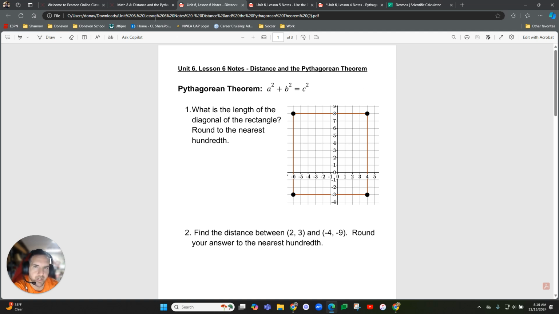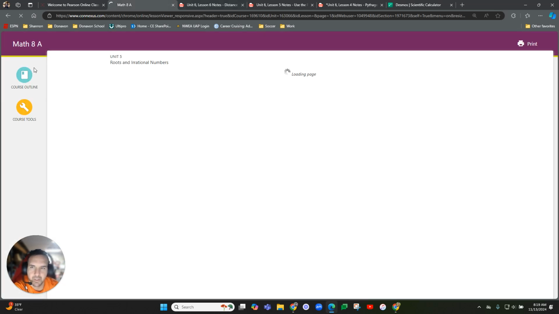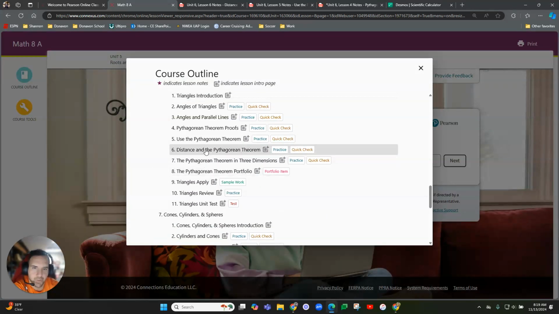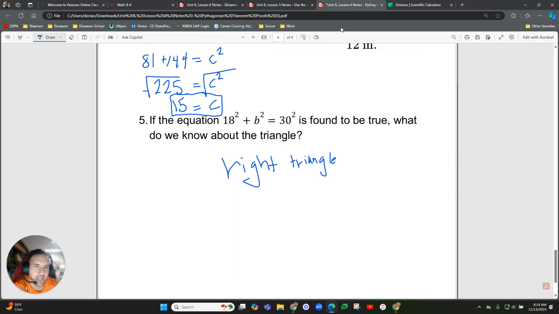I just want to show you that the rest of this unit is all on the Pythagorean theorem: distance, the Pythagorean theorem in 3 dimensions, and the Pythagorean theorem portfolio. So we're going to be doing a lot of examples of the Pythagorean theorem, and we are going to be doing the portfolio. We'll put out a recording for the portfolio relatively soon.